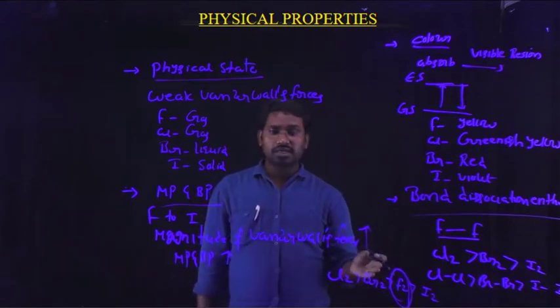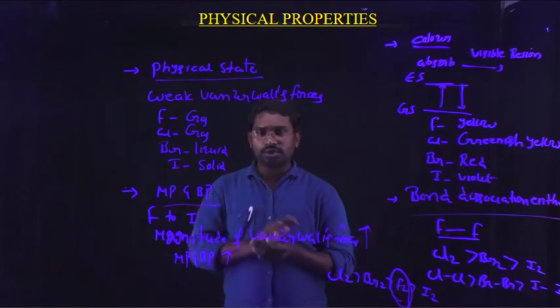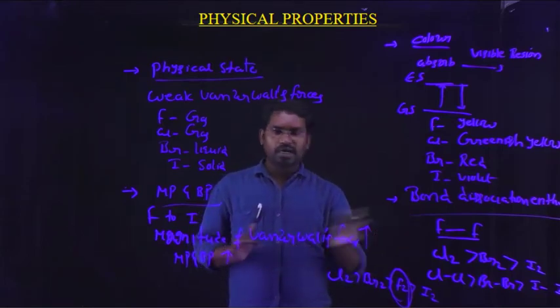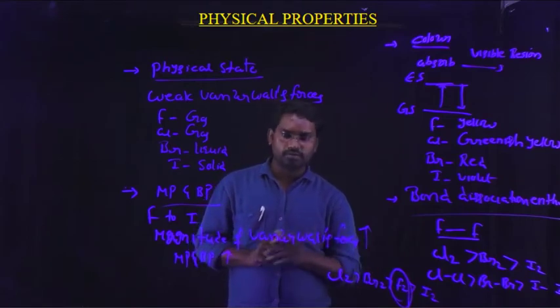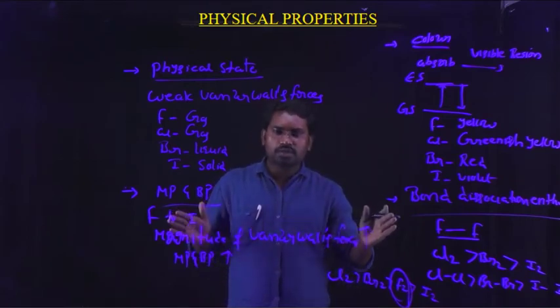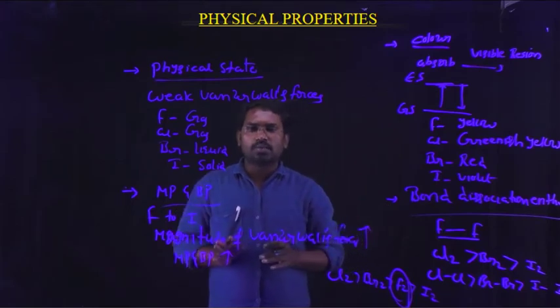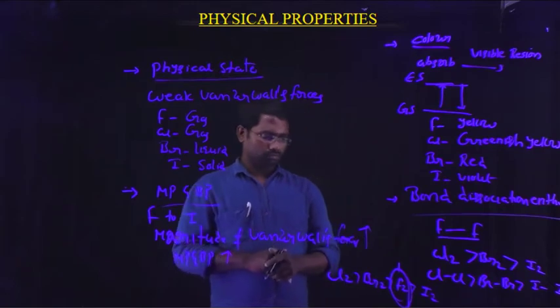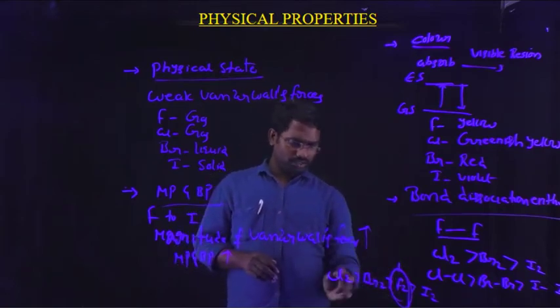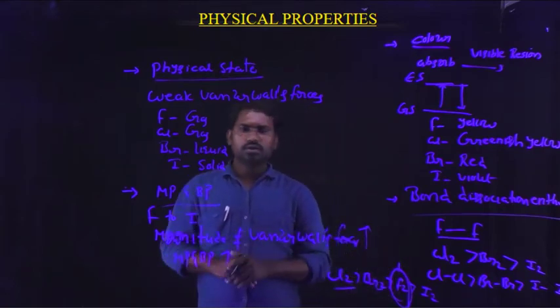Fluorine has the smallest atomic size and high electronegativity, so electronic repulsion takes place between the lone pairs of electrons of fluorine. Therefore more repulsive forces are present between the lone pairs of fluorine, and that's why fluorine has lower bond dissociation enthalpy compared with chlorine and bromine.